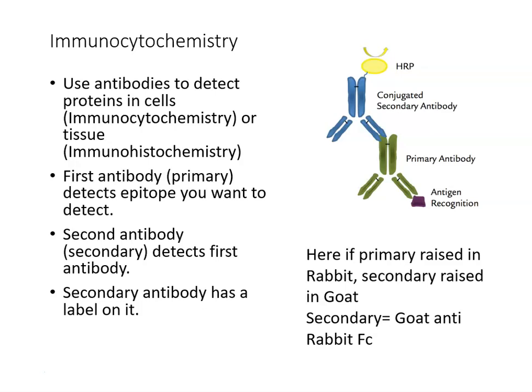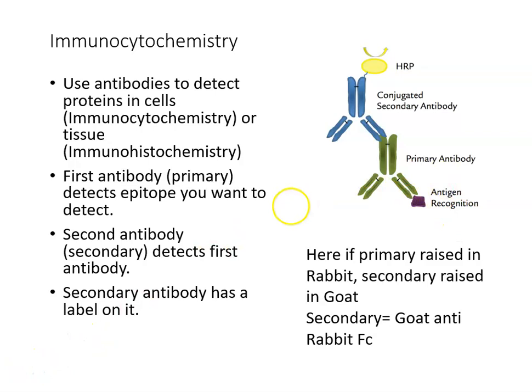We would have a primary antibody which recognizes the antigen. So this could be protein A, and this is our primary antibody that could be goat anti-protein A. If this was a polyclonal antibody. If it was a monoclonal antibody, this would be mouse anti-protein A.